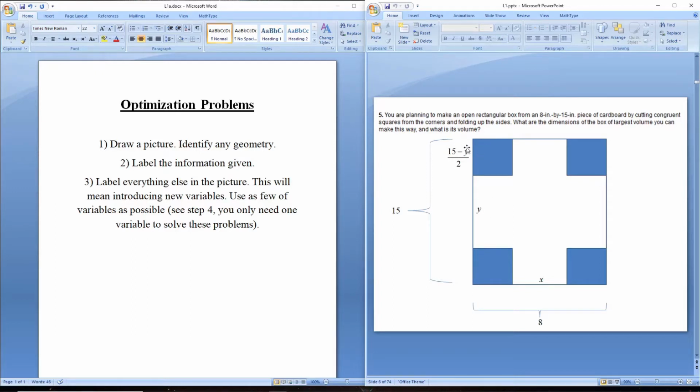But there are two blue parts and they're equal, so we'll divide by 2. And so we can get the length of that blue part, which is the same as this one down here. And we can do the same for x. So we're labeling things, trying to understand the pieces we have here.